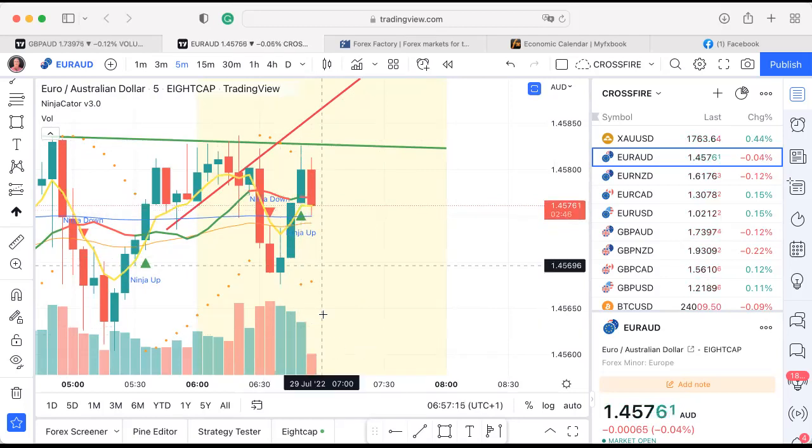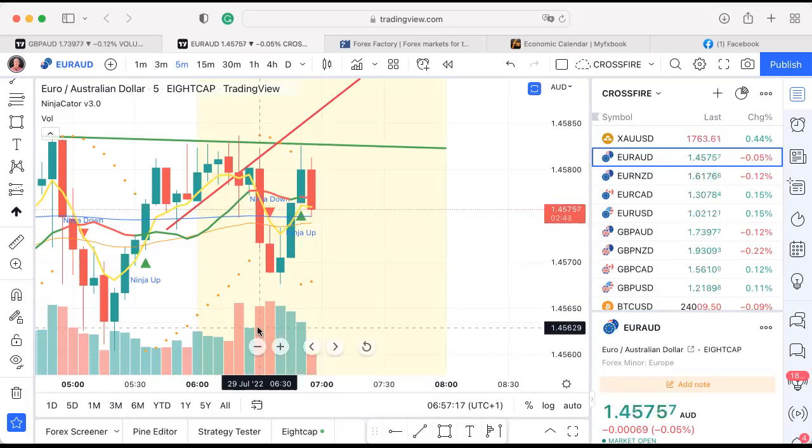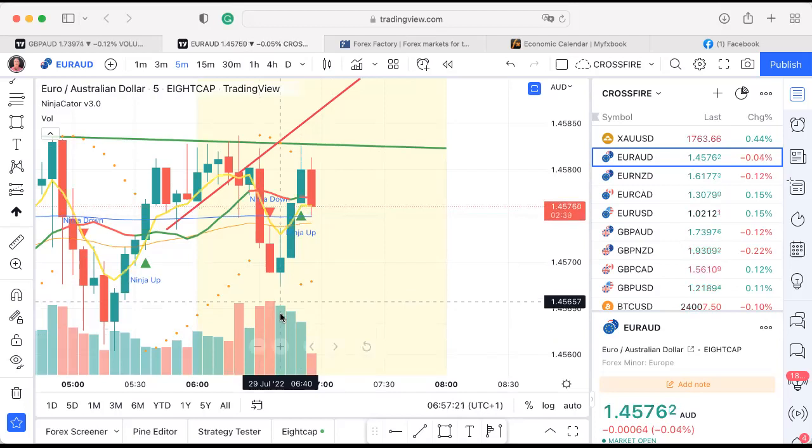Basically it's measuring how much volume is in the market on that candle. And it's also differentiating between selling volume and buying volume. And we've got buyers dominant here.